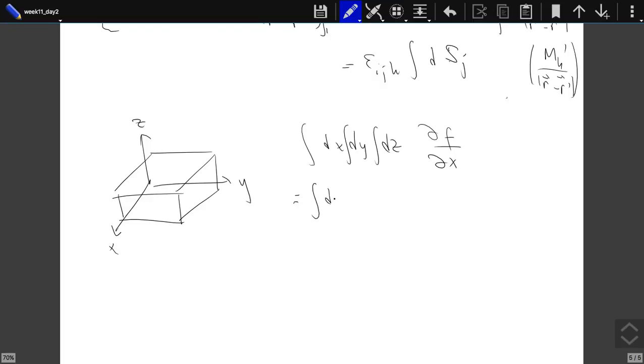This is equal to dy dz times, with x going from 0 to a, f at x equal to a minus f at x equal to 0.